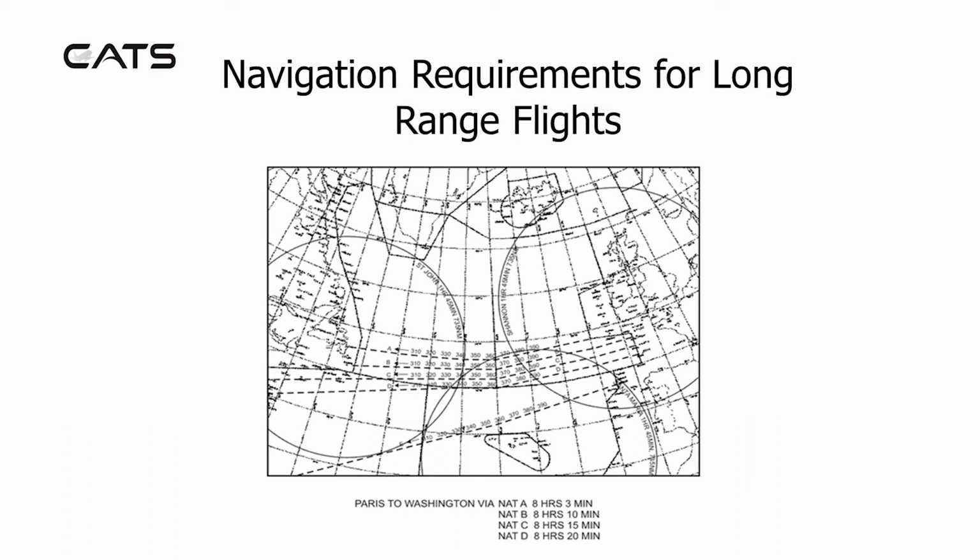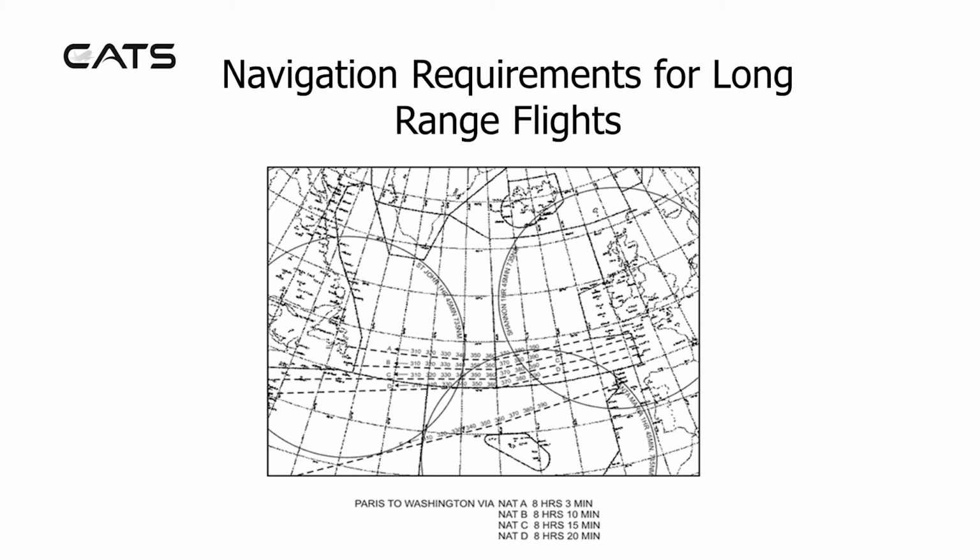The radius of the circles is 1 hour 45 minutes multiplied by 420 knots, which is a distance of 735 nautical miles. Where these circles overlap, there exist routes which pass through all the overlapping circles.